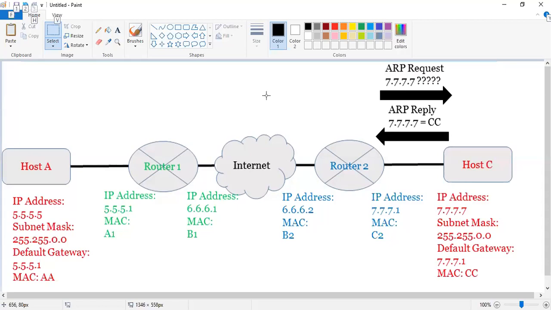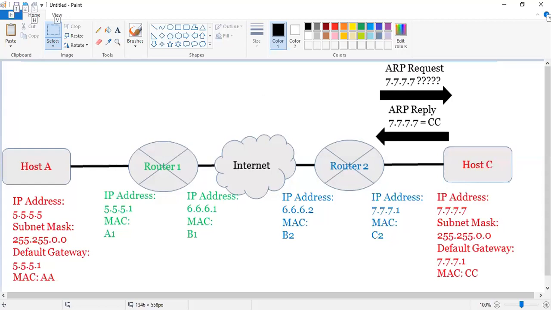Now router 2 has got the source IP address, the destination IP address, the source MAC, and the destination MAC. Now I have all the information required. Remember this: an ARP request happens only when router 2 doesn't have any information about the MAC address of 7.7.7.